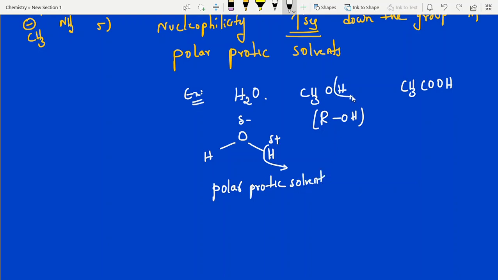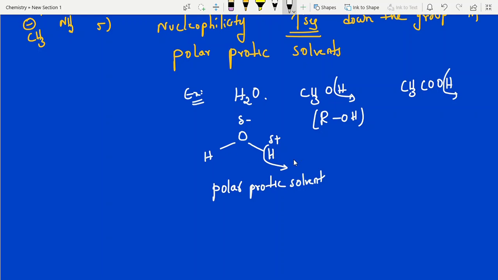Water we generally use because it has a high dielectric constant. Whenever the solvent is like this, then it definitely follows the SN1 mechanism. Water is the universal solvent.